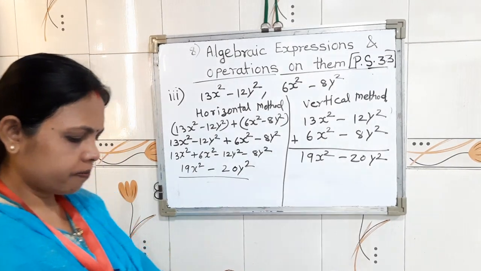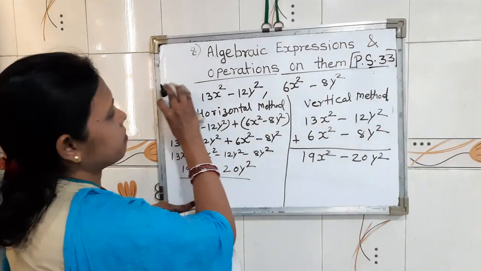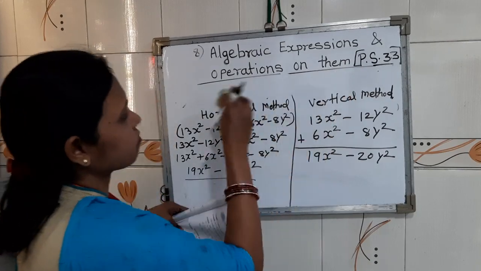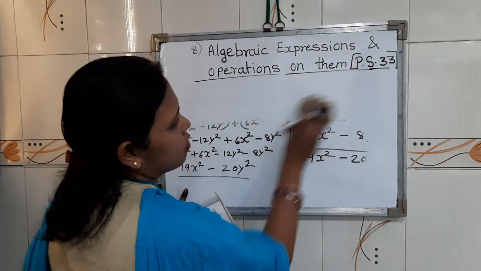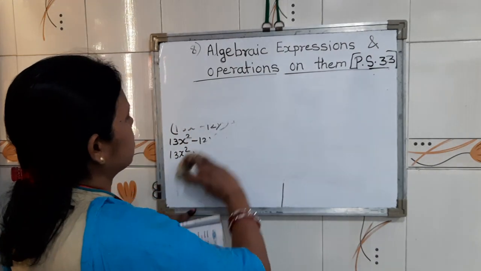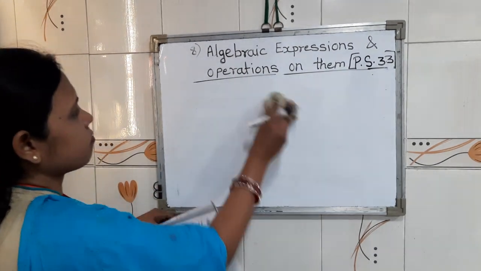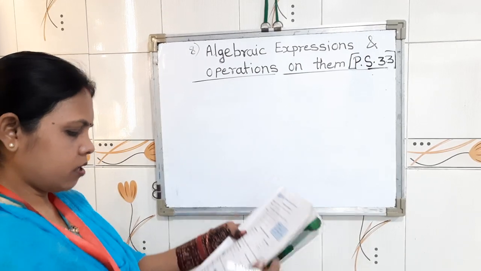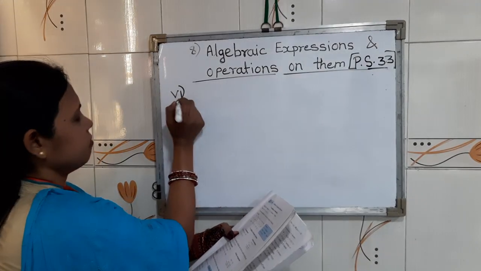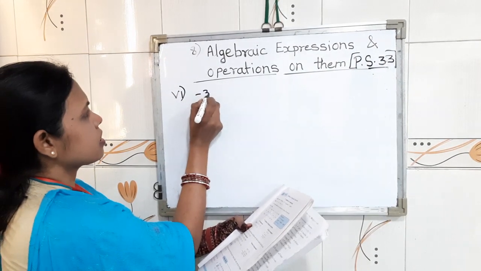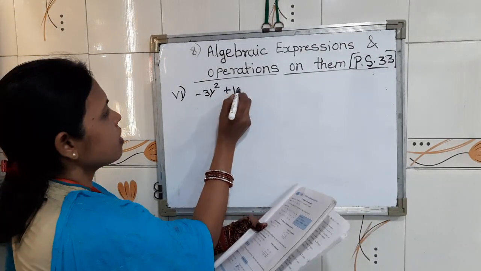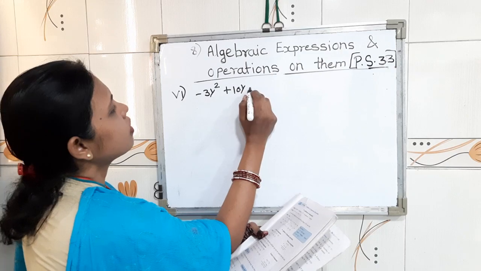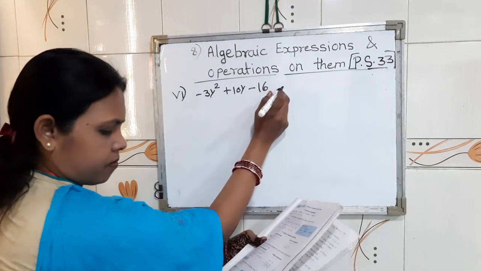Now we will solve question number 6. Question number 6(1): minus 3y square plus 10y minus 16.